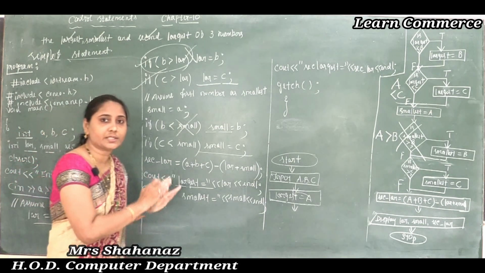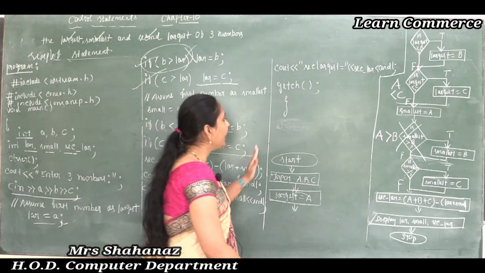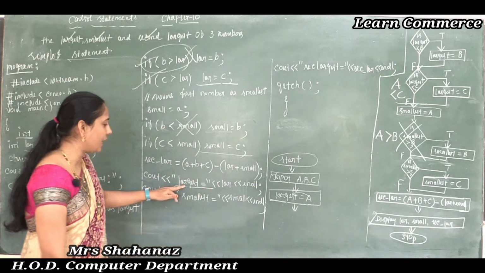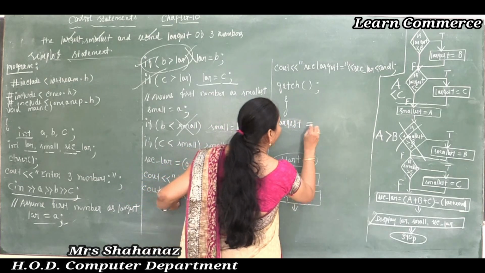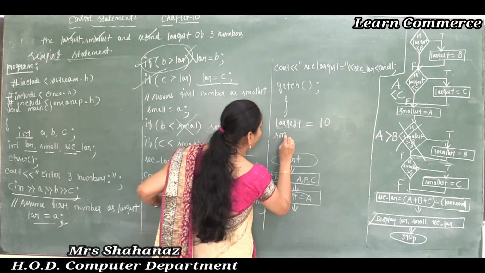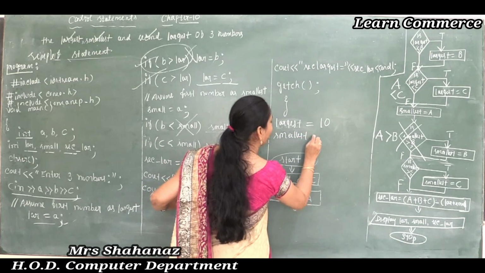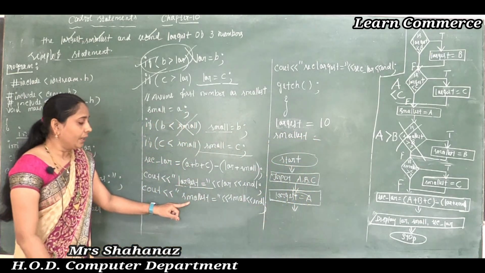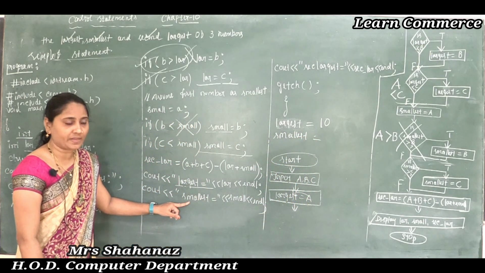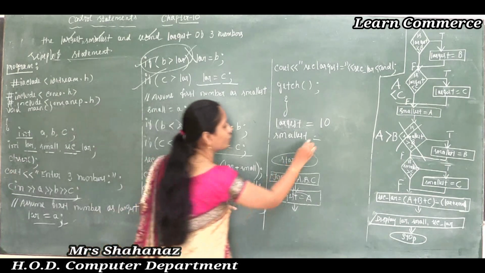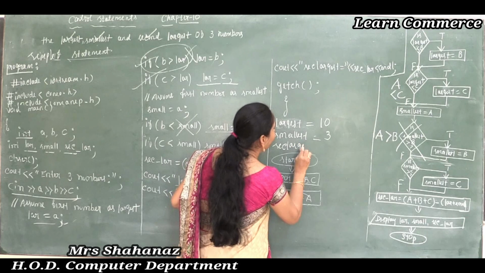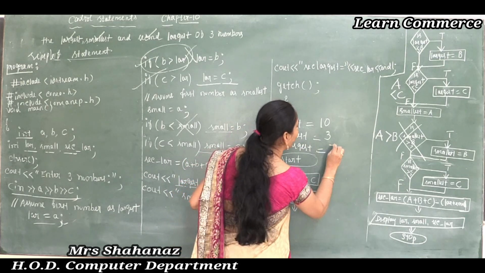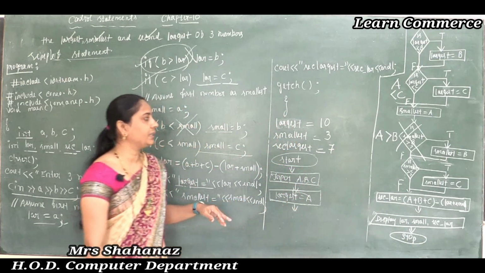After knowing the largest, smallest and second largest, it will display the answer as: the largest value is equal to 10, smallest value is equal to 3, and the second largest value is equal to 7. Like that we'll get the output.